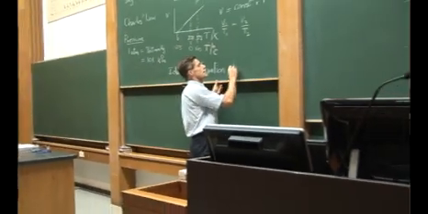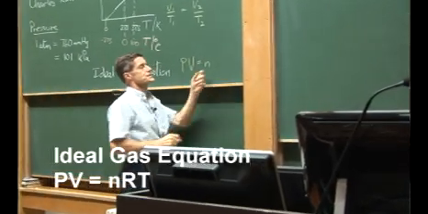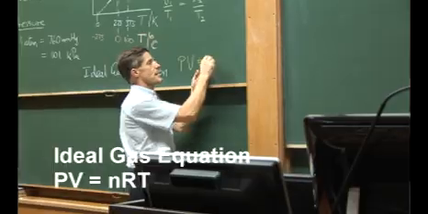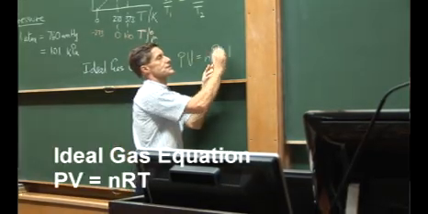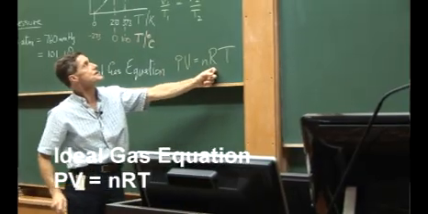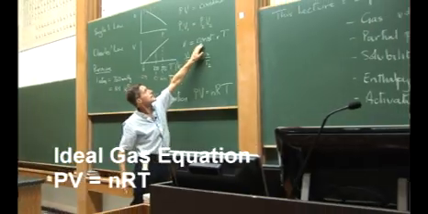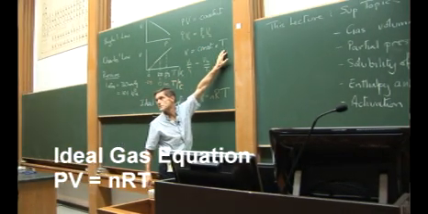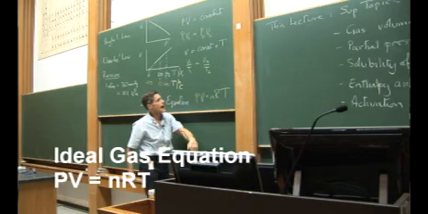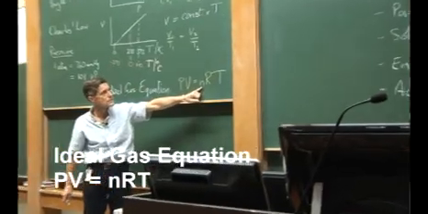And the ideal gas equation is pressure times volume equals number of moles, that had to come up somewhere, times the universal gas constant times temperature. So we're sort of combining PV equals some sort of combined constant times temperature, and we're adjusting it for numbers of moles.